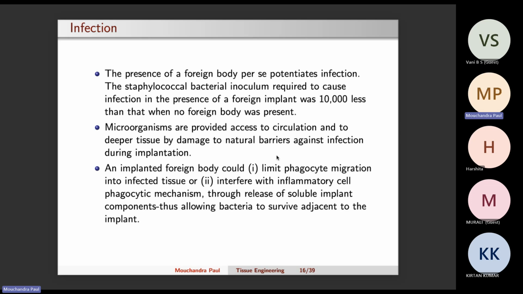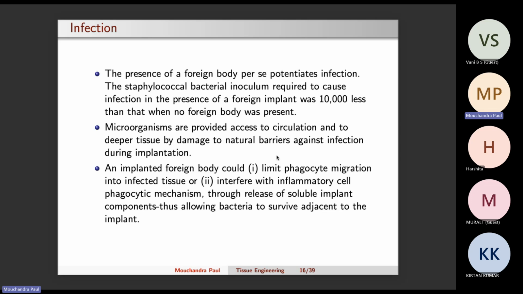It is because the foreign body, that is the implant, restricts the interaction between the macrophages and the bacterium. The bacterium finds it very easy to hide itself from the body's immune cells.